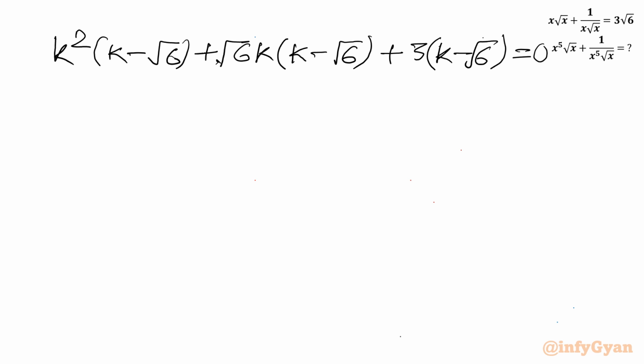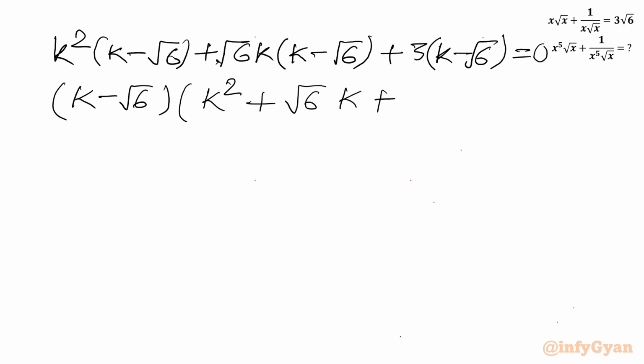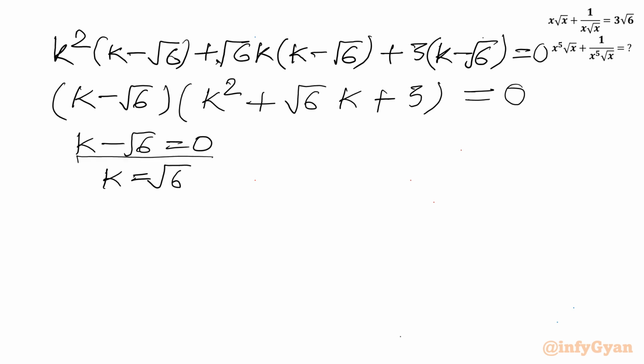So k minus root 6 is overall common. So in the second bracket, k square plus root 6k plus 3 will be left. So from here I can conclude k minus root 6 equal to 0, k equal to root 6, and k was a plus 1 over a.